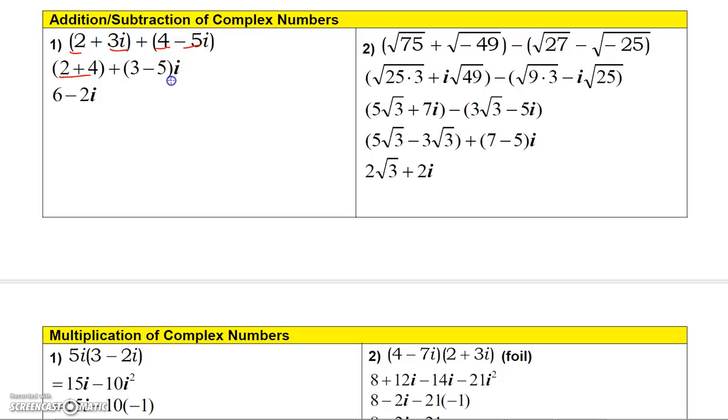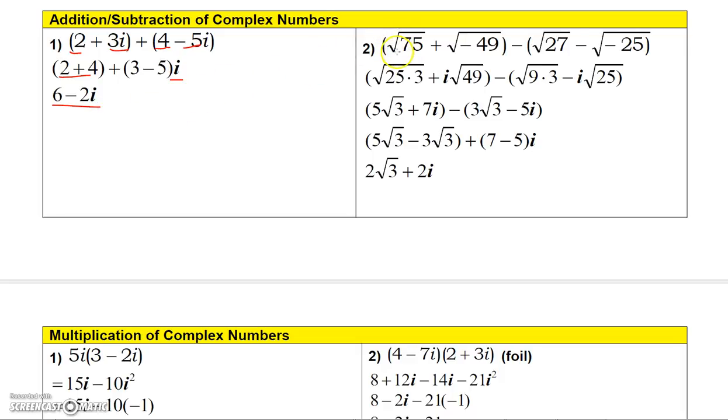Well, if you factor the i out of 3i minus 5i, you just get 3 minus 5 times i. So that's 3i minus 5i, really, which is just minus 2i. So you get 6 minus 2i. And again, that's the standard form.